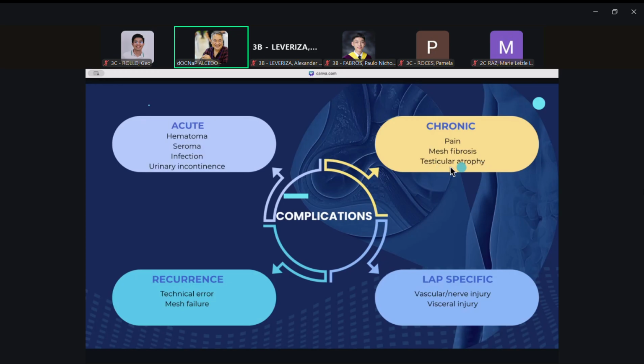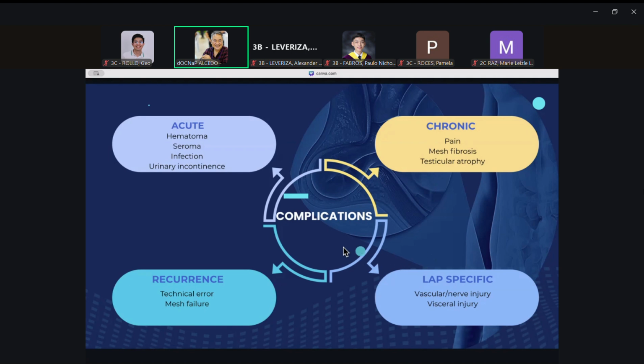And of course, worse is testicular atrophy kasi na-compromise yung vascular supply ng testicles. Lap-specific, vascular, nerve injury, visceral injury, all of this can happen when you do lap hernia repair.